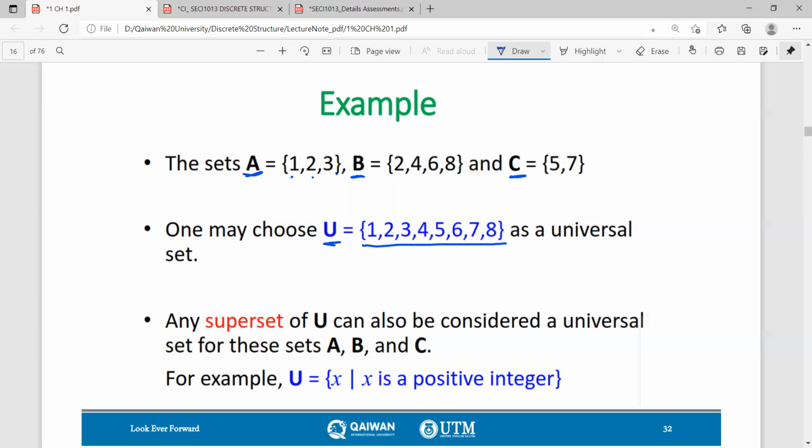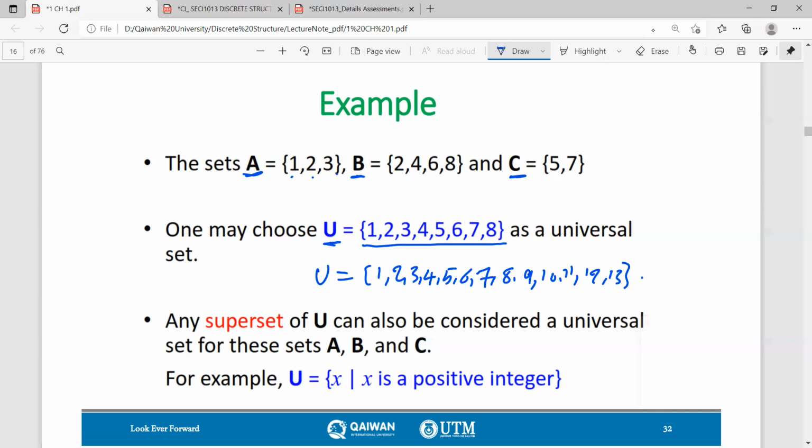And any other superset of U will be a universal set. Someone else may choose 1, 2, 3, 4, 5, 6, 7, 8, 9, 10, 11, 12, 13. Someone else may choose this one as the universal set.